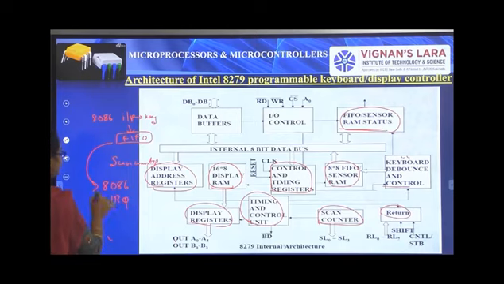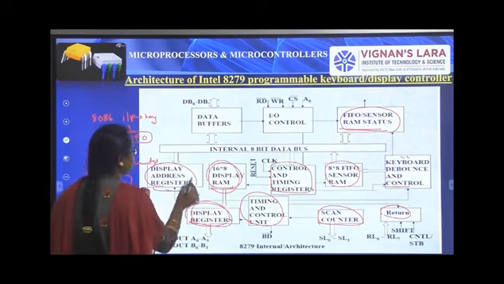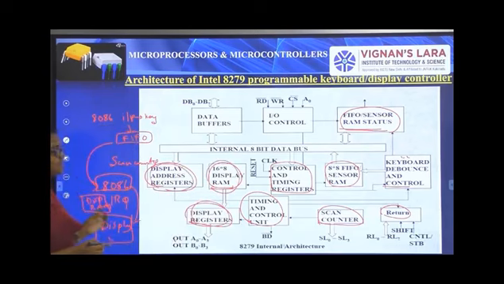Whatever input is given by the user is operated on by the 8086 microprocessor, and that output is given to the display. That output is stored in the display RAM for display. Okay, this is the block diagram.